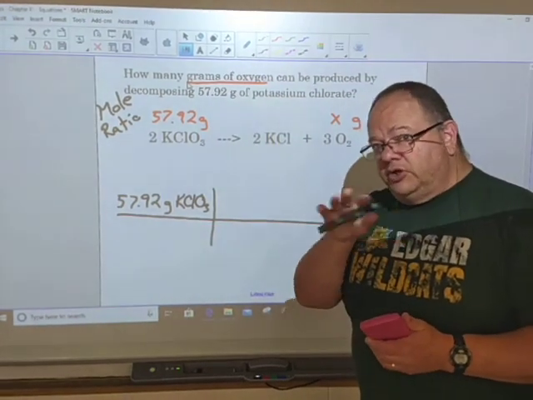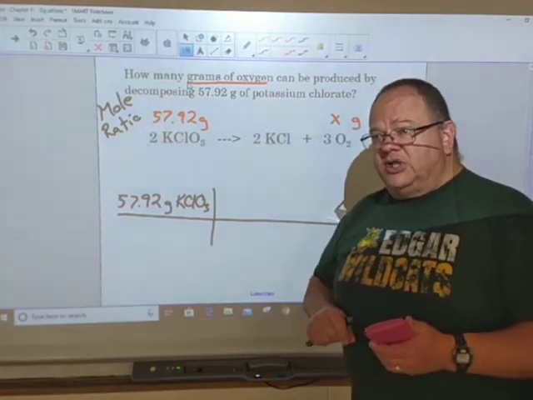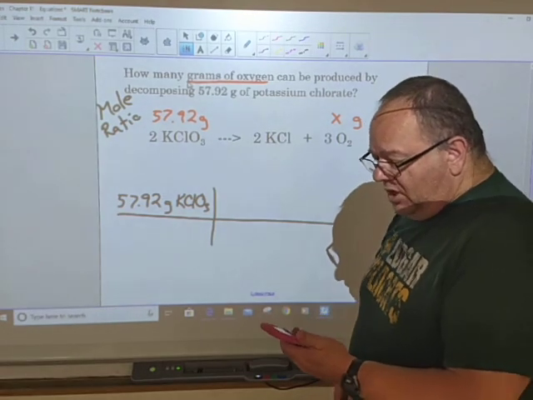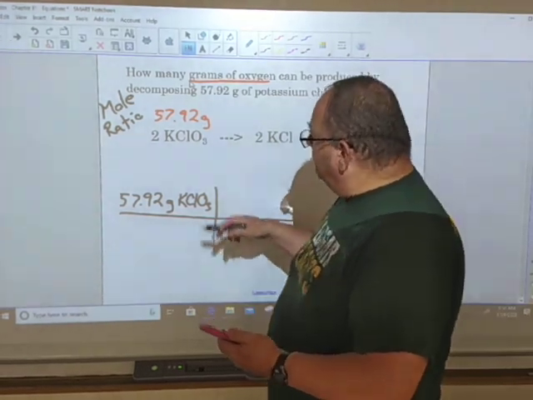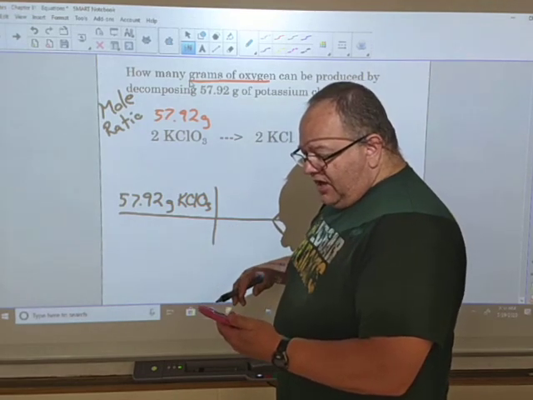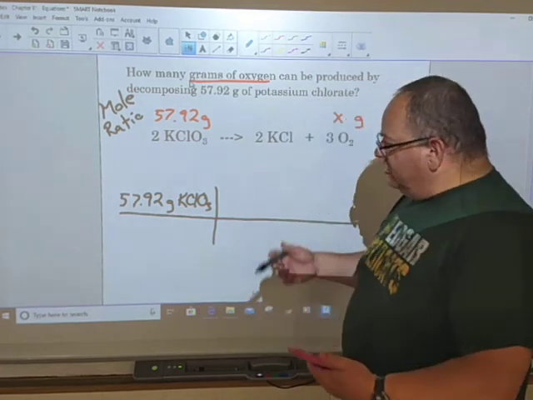Now, the periodic table I handed out in class has those numbers rounded to the 100th, so that's a little bit different. All right, so based on what I had, I've got 122.548. That'd be grams per mole.